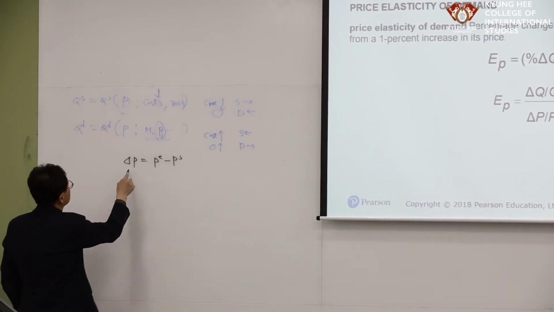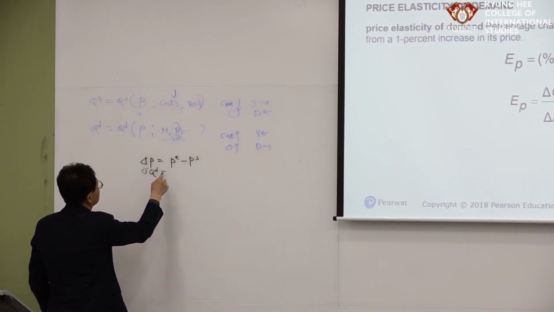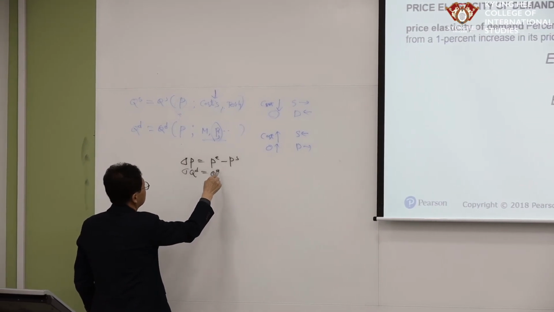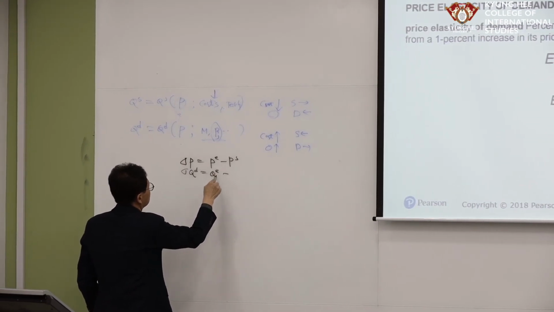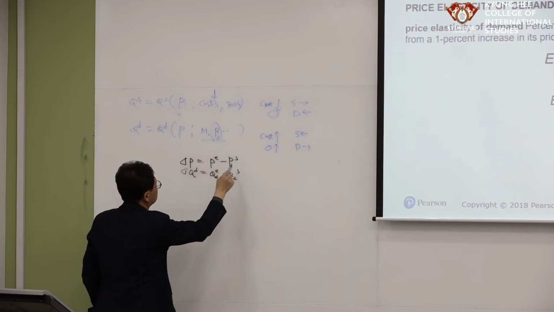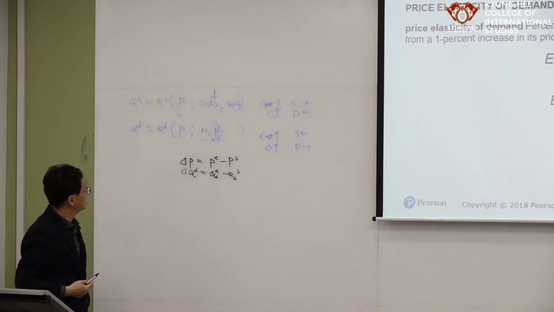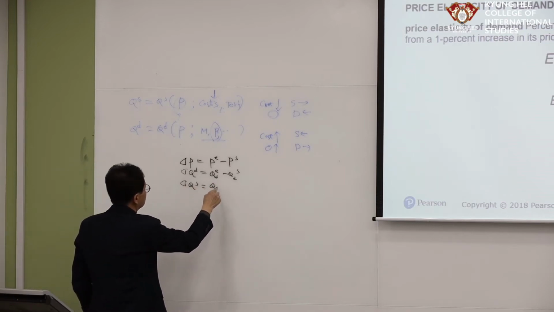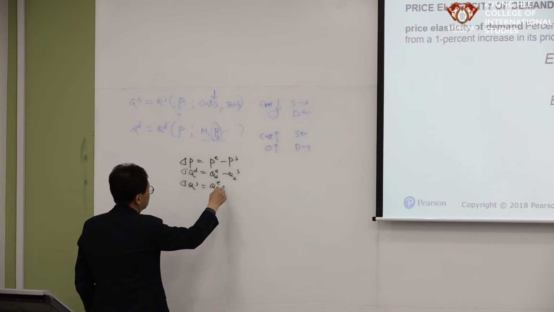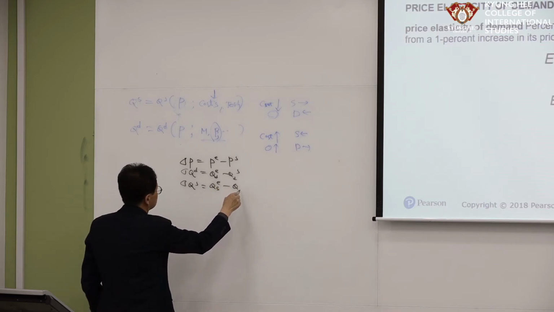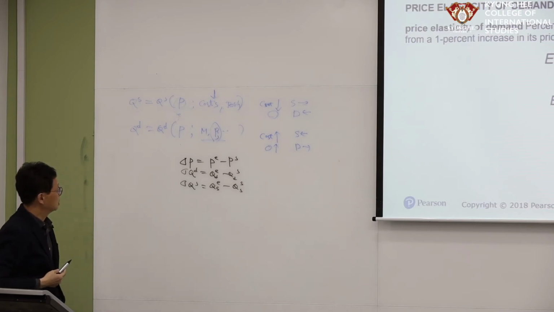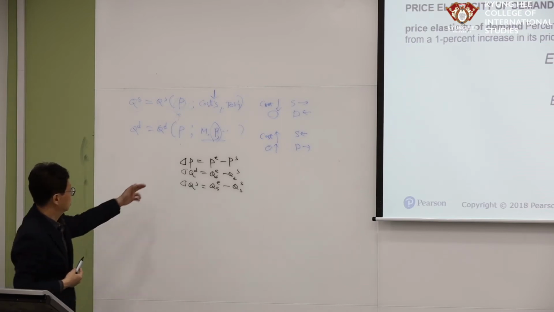Change in quantity demanded is ending value of quantity demanded minus starting value of quantity demanded. Similarly, change in quantity supplied is ending value of quantity supplied minus starting value of quantity supplied. Okay? So that is the change concept.